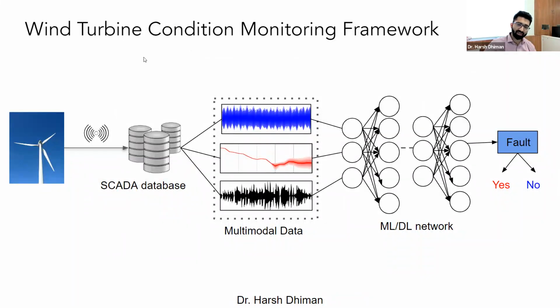Now, going forward, if I want to design a framework for my wind turbine condition monitoring, what would I focus on? Because we have discussed in the beginning of our discussion that we want to digitize. It's a digital twin, right?